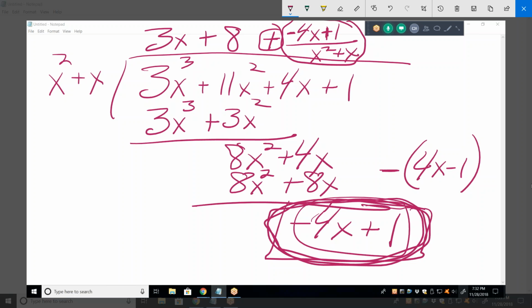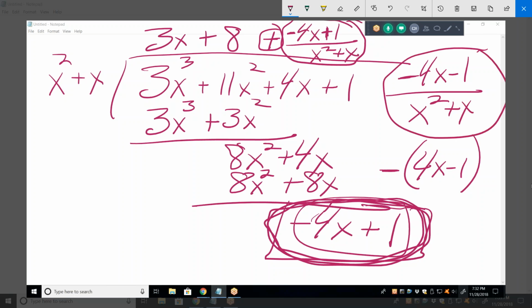Which comes out to be the same as minus 4x minus 1 over x squared plus x. In other words, that is the same as that is. It's just written differently, and it depends on whether you want to use parentheses or not.